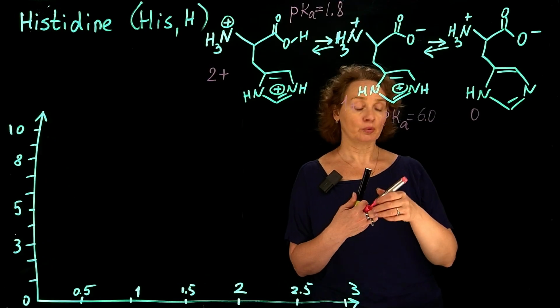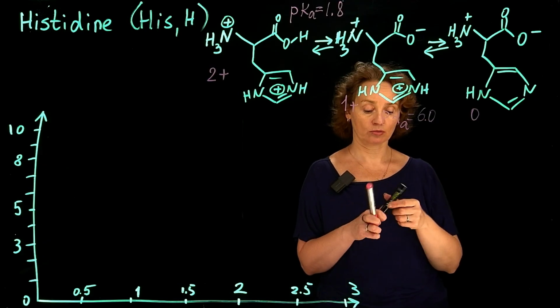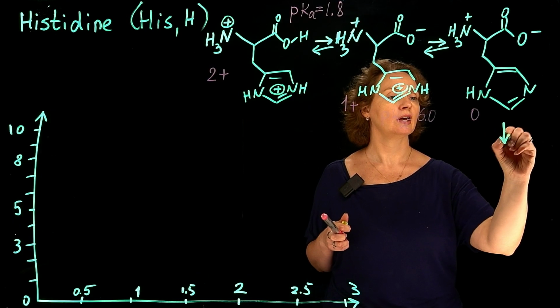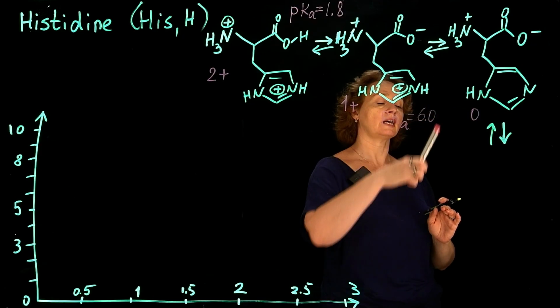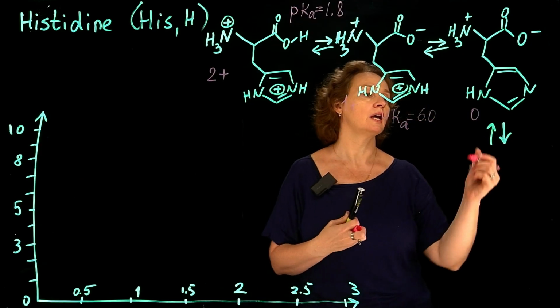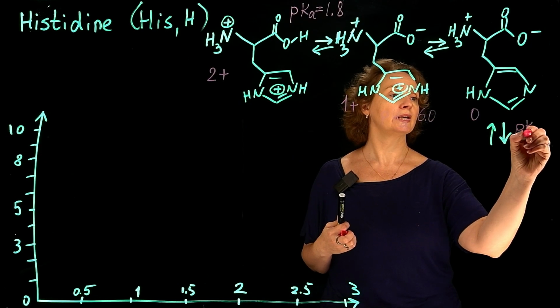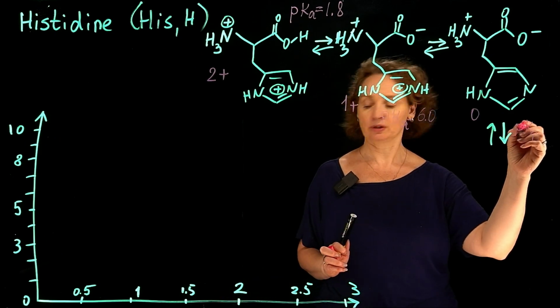And we can even go further, right? We can deprotonate histidine even further, because it still has that amino group that is still protonated. The pKa for that group is 9.2.